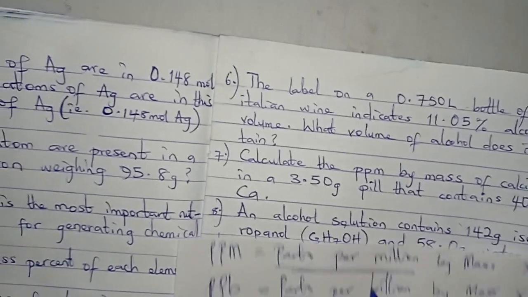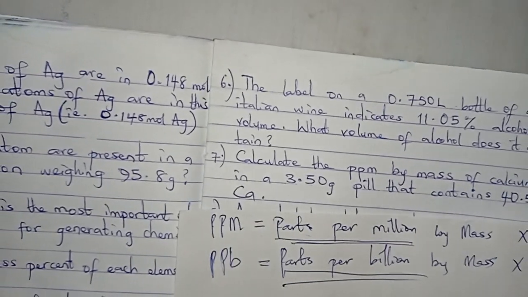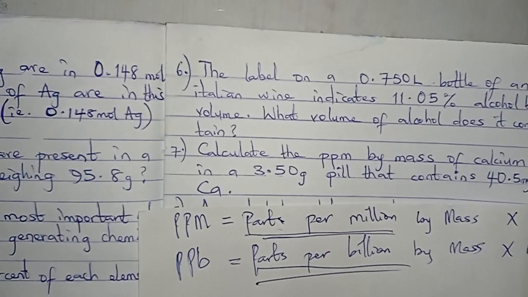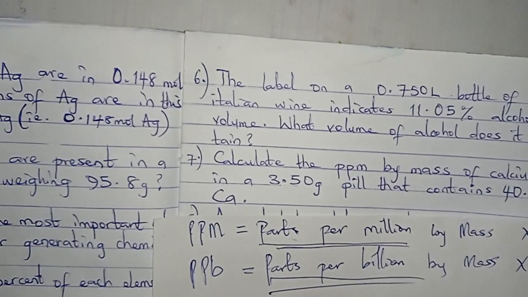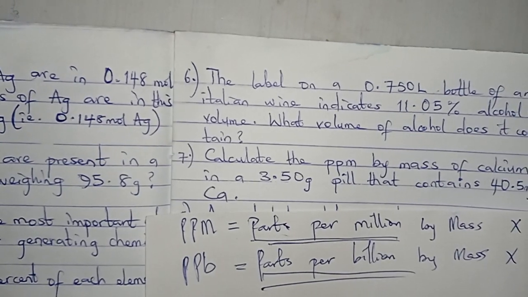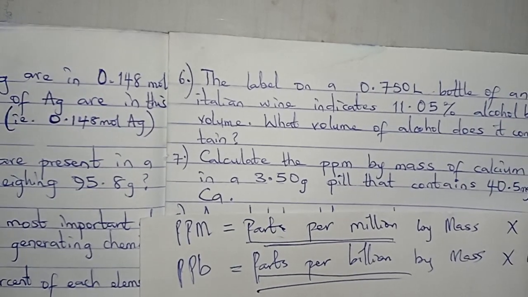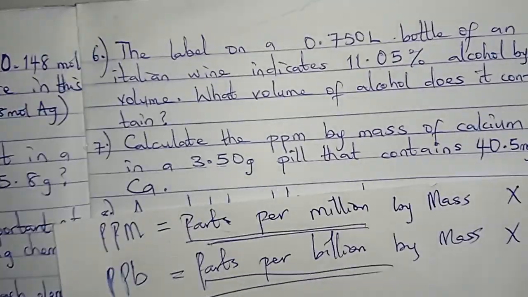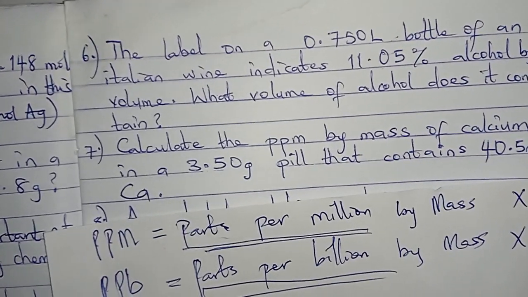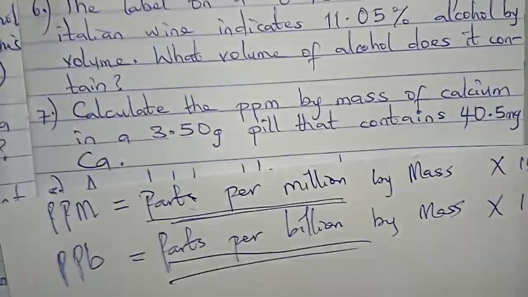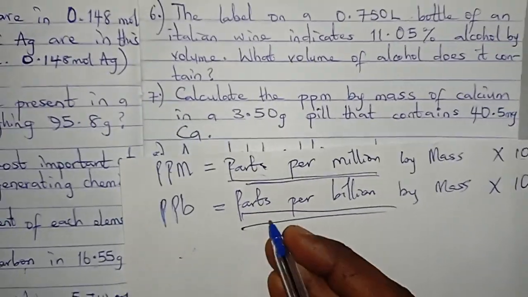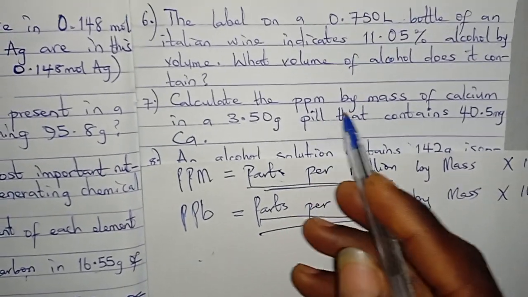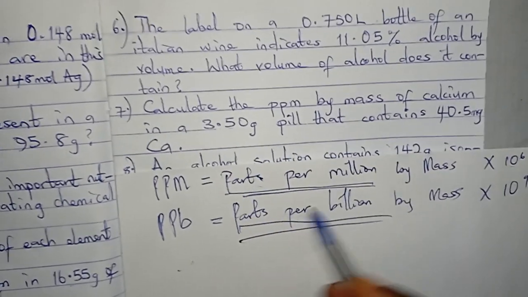So solving this question 7, I'll have: calculate the ppm by mass of calcium in a 3.50 gram pill. Notice that the pill is the total thing.